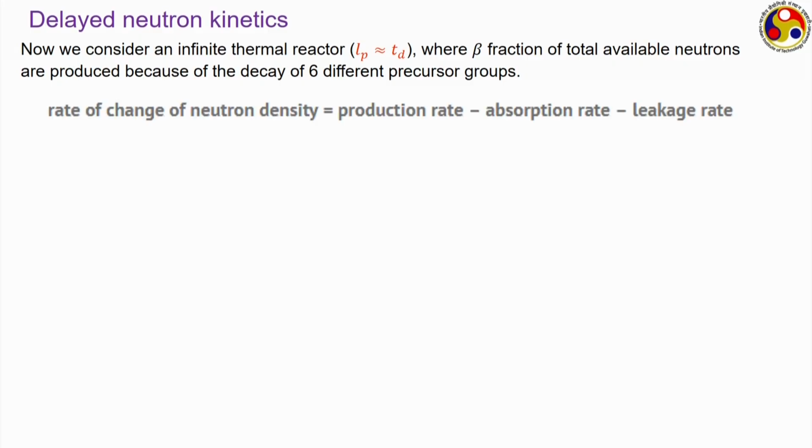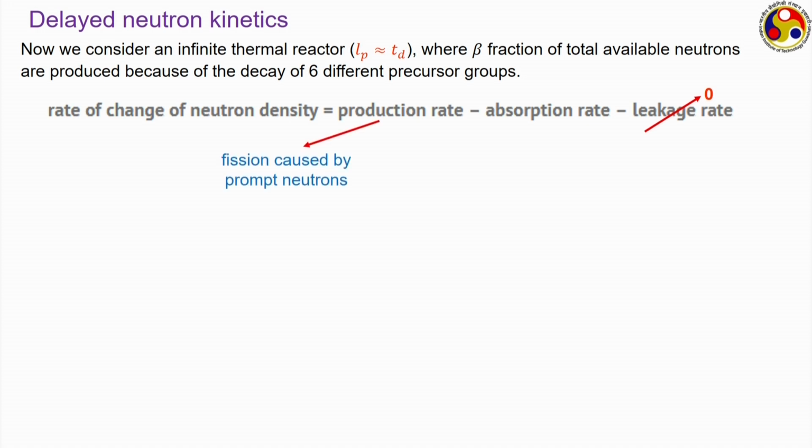There can be 6 different groups of precursors, we can consider 8 also; the analysis will remain the same. Now, the rate of change of neutron density is equal to production minus absorption minus leakage. There is no leakage for an infinite thermal reactor.